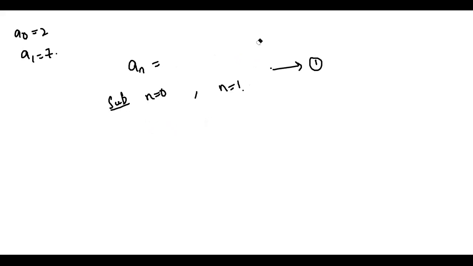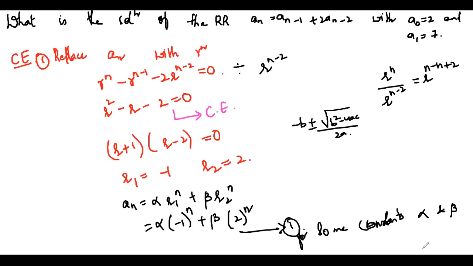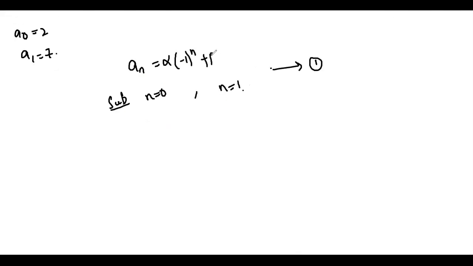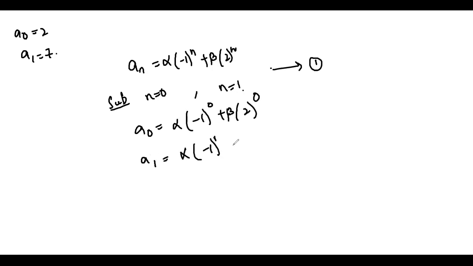So an is equal to alpha into minus 1 power n plus beta into 2 power n. Now substitute n is equal to 0 and n is equal to 1. So A0 will be alpha into minus 1 power 0 plus beta into 2 power 0, and A1 will be alpha into minus 1 power 1 plus beta into 2 power 1.